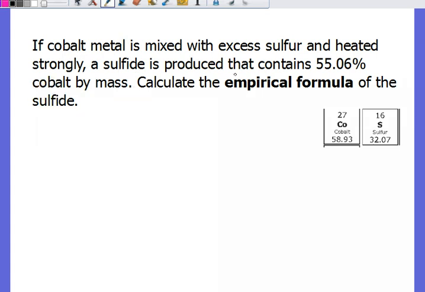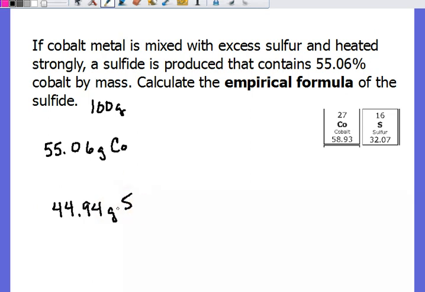So if it's percent like this, you can just go ahead and assume 100 grams of sample. You would have 55.06 grams from cobalt, and your remaining would be 44.94 grams from sulfur. And then convert those to moles.